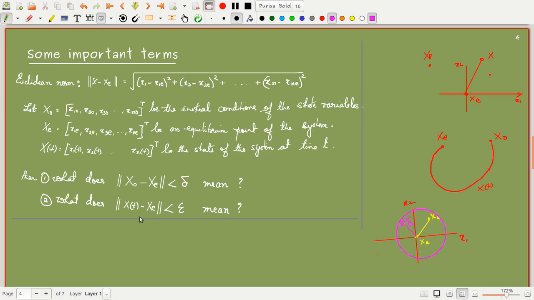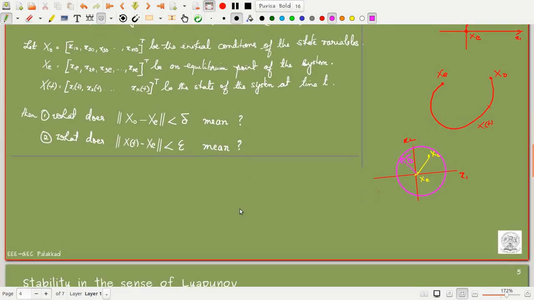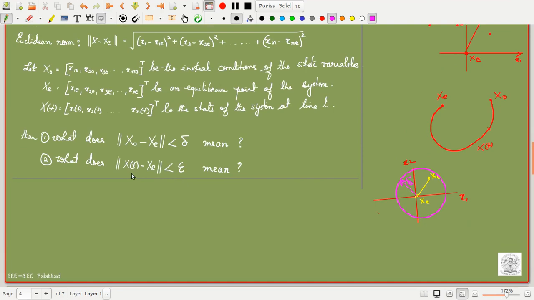So that means x0 will be inside the ball of radius delta. And if I write the norm of x(t) minus xe less than epsilon, what does it mean? x(t) is the trajectory of the state and xe is the equilibrium point. If I draw the x1, x2 axis, the norm of x0 minus xe less than delta is true for this case.